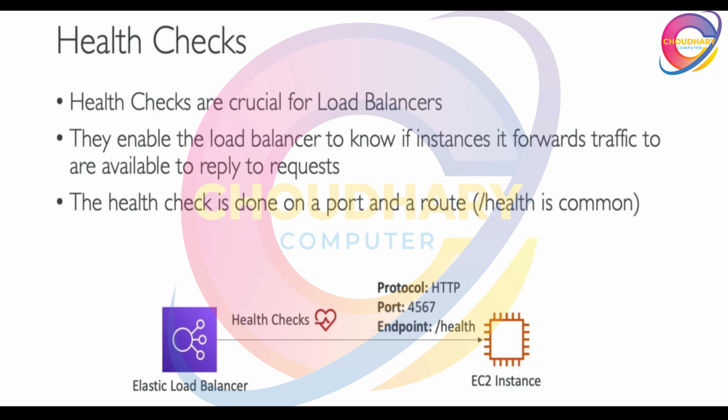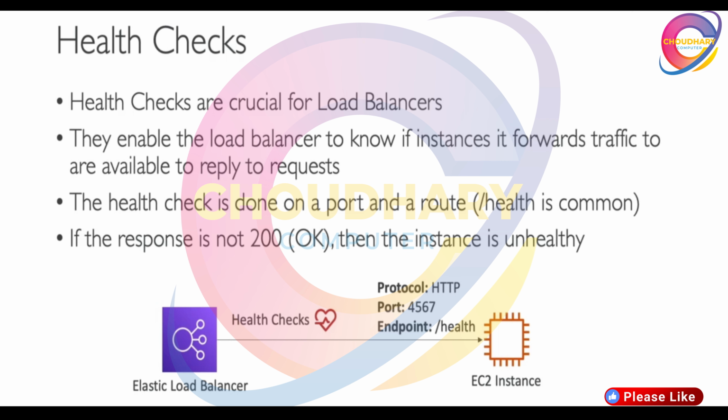For example, in this example, I have the protocol being HTTP, the port being 4567, and the endpoint being /health, because maybe this route is an easy way from an application perspective to check the health of my application. And if the EC2 instance does not respond with an OK response, which is usually the 200 status code of HTTP, then the instance will be marked as unhealthy, and the Elastic Load Balancer will not send traffic to that instance.